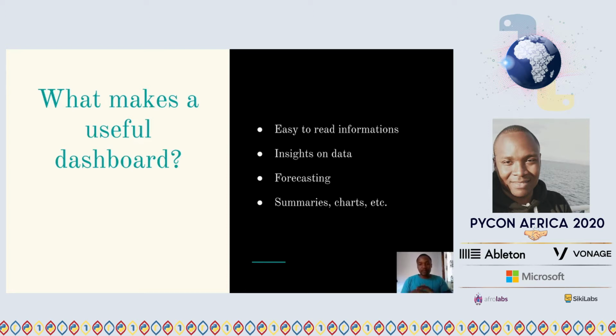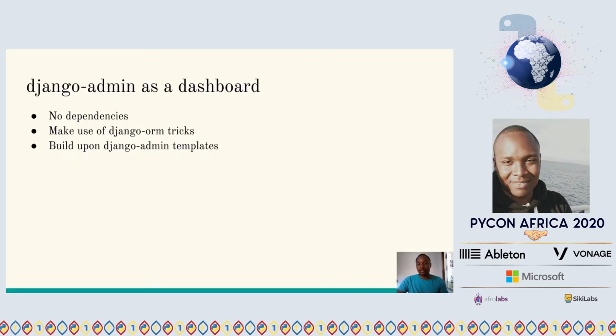So in all this, why are we talking about Django-admin as a dashboard? Because most of the time in your data projects, you need to provide a dashboard, okay? But most of the time, what you need to provide are just simple summaries, right? Or simple trends.